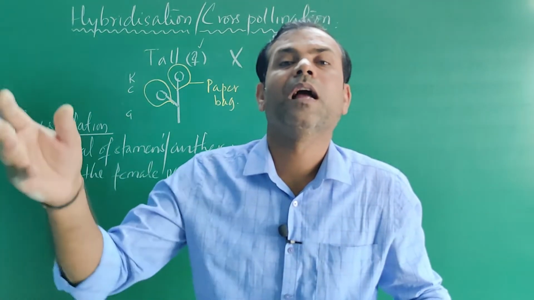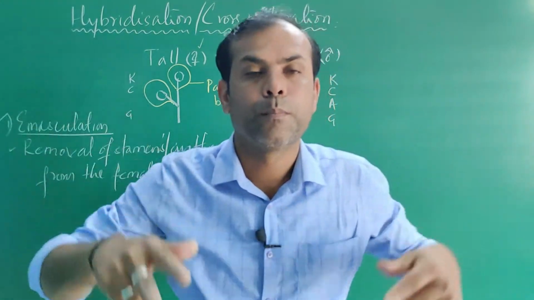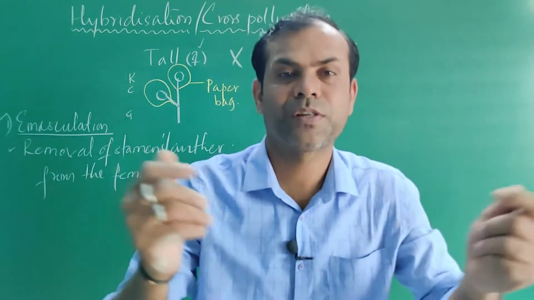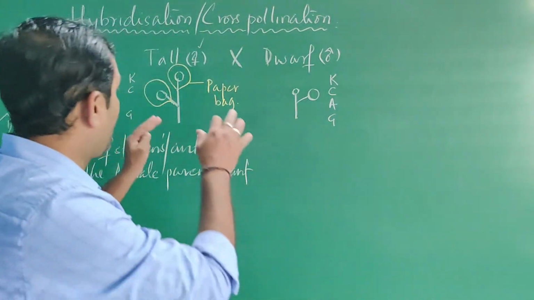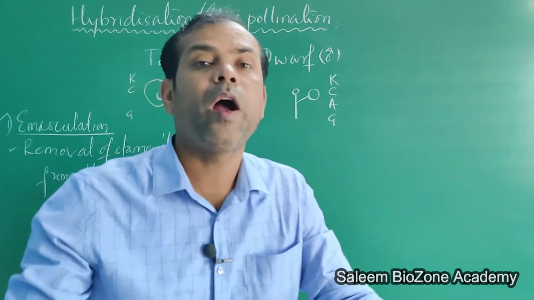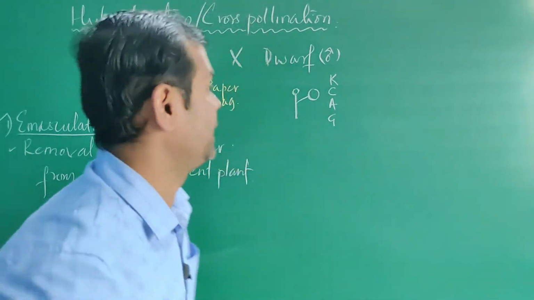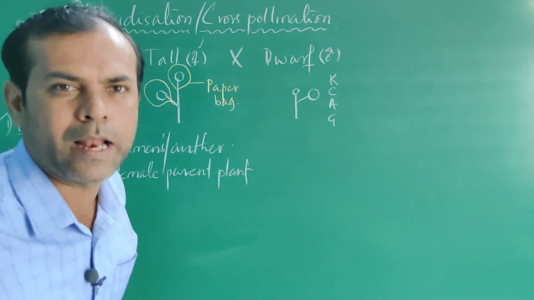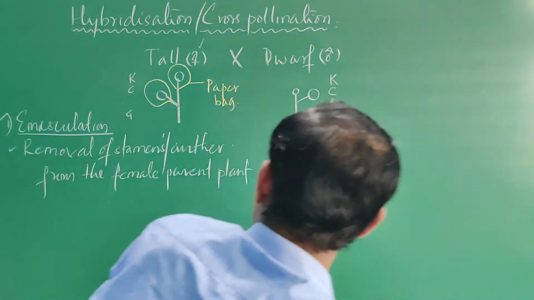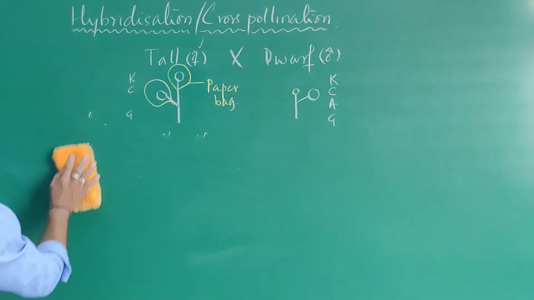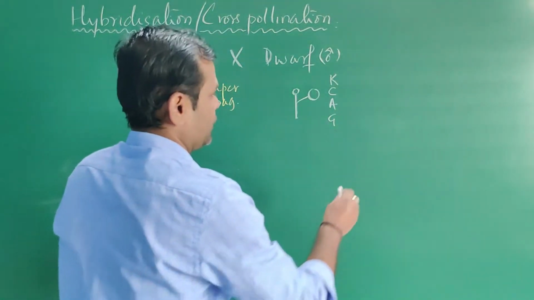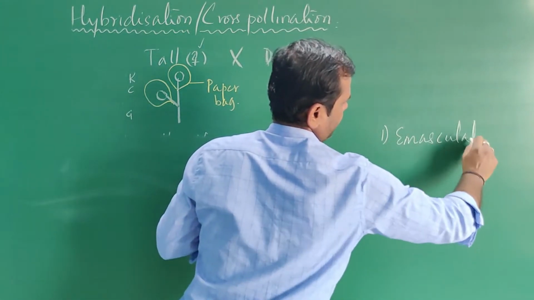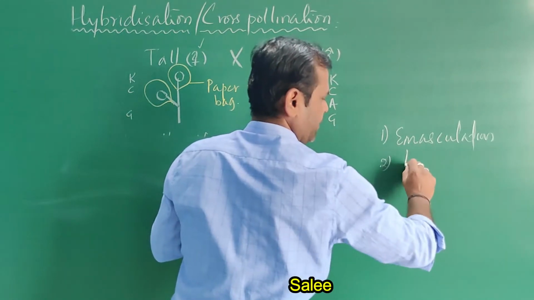Because to avoid any unwanted pollen grains or pest infection. So to avoid infection and unwanted pollen grains, you should cover it with a paper bag. Now this is called bagging. So two steps are over. One is emasculation and another one is bagging.